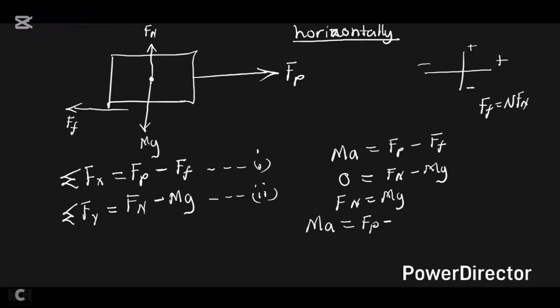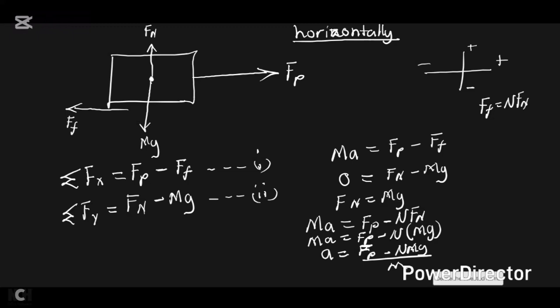We substitute that, so it becomes the pull force minus mu times the normal force, which is mg, and you end up with an equation a equals Fp minus mu mg, over m. This is how you calculate the acceleration in this situation.